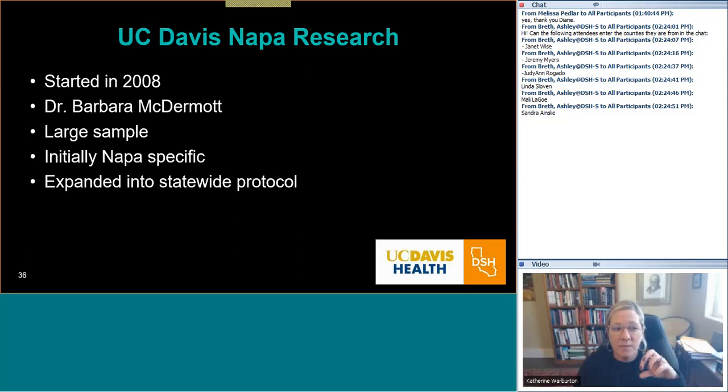Then we realized we needed to expand our sample, so we did about 400 statewide using a similar protocol, which validated that her findings could be extrapolated statewide. And for the last several years, we've been coding some of the packets. So this has been ongoing research for the last 13 years. Next slide, please.